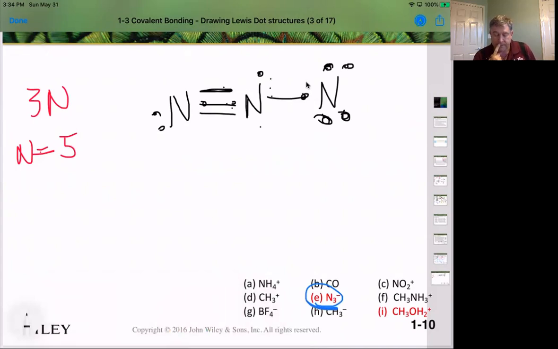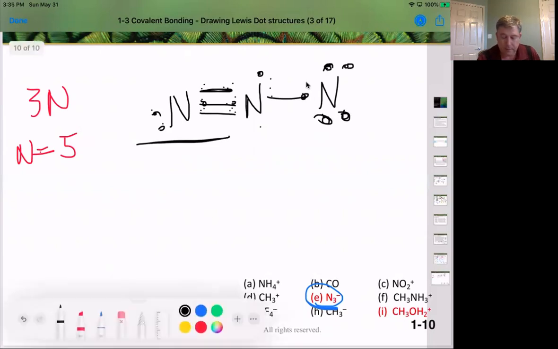Okay, so that's interesting. We have 1, 2, 3, 4, 5, 6, 7, 8, so this nitrogen has 8 electrons around it. This has 1, 2, 3, 4, 5, 6 electrons around it. So we probably can't do that either. So let's try to share those electrons this way.